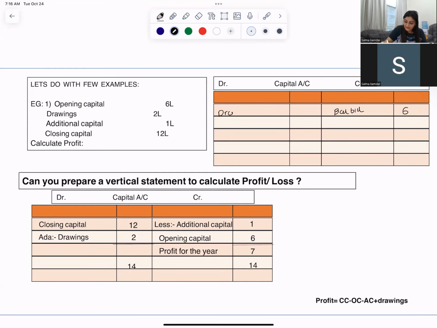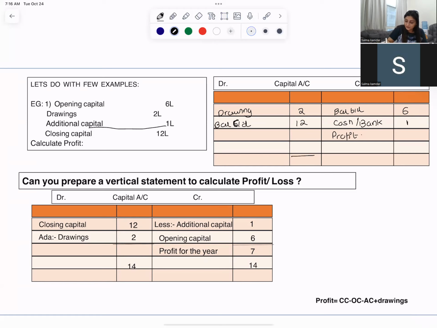Drawings will come on the debit side. So what is my drawings? It is 2. Additional capital will always be written as cash or bank. On the credit side, it is 1. Closing capital is also given to me. The balance closed down or carried down is 12. I find the profit as my balancing figure.